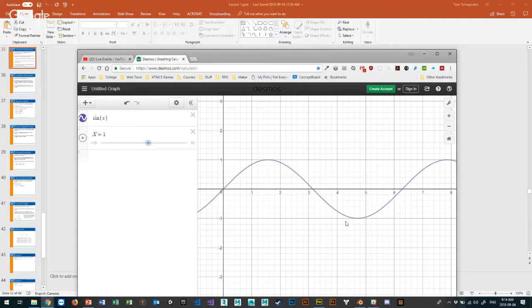And if you go from here all the way down to here, that's another pi. So this whole sinusoidal cycle is equal to 2 pi, which means it represents 360 degrees.